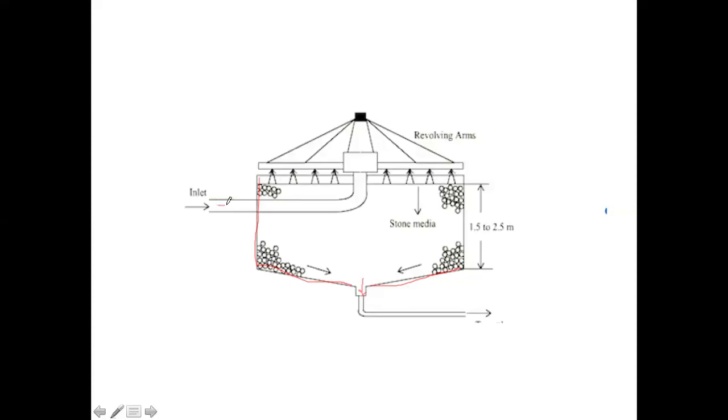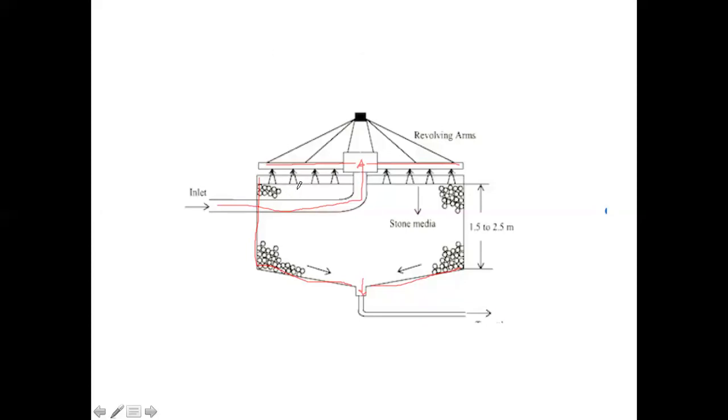The wastewater enters from the central pipe, which is connected with a shaft and sprinklers. So the wastewater gets sprinkled on the surface of this media.